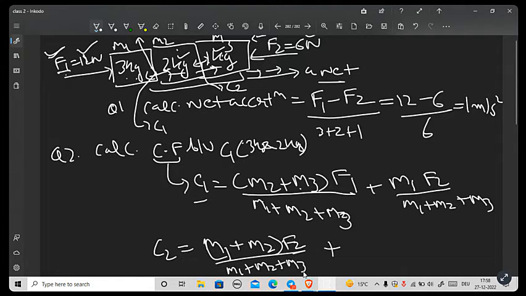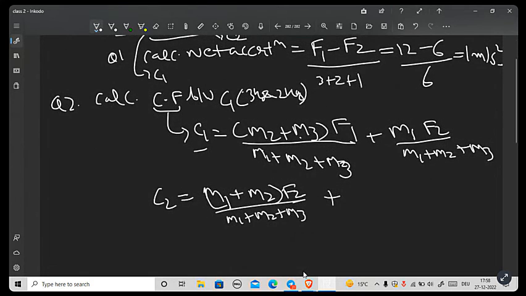It is pushing the 1 kg block towards the right side. So I will simply write M3 into F1 upon M1 plus M2 plus M3. Okay, so that's how both the formulas are made, and now you have to just put in the values and get the answer.